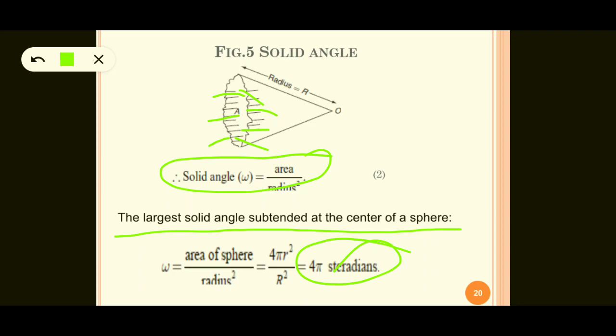So the solid angle omega is equal to 4 pi steradians. The solid angle is represented by omega and measured in steradians.